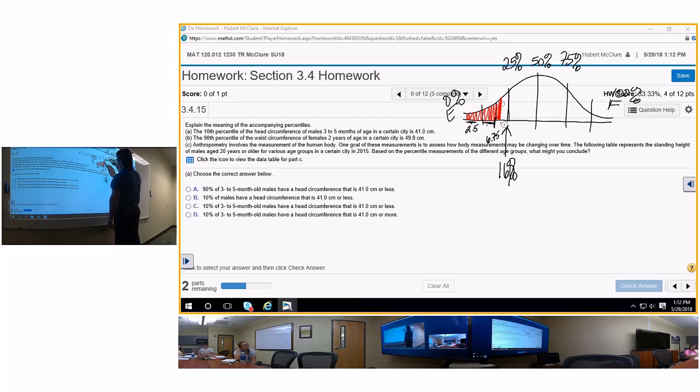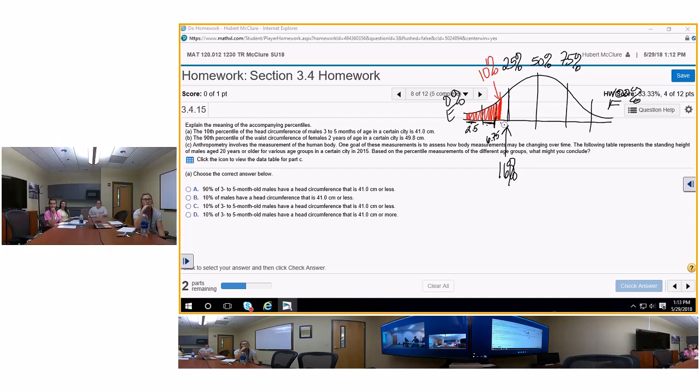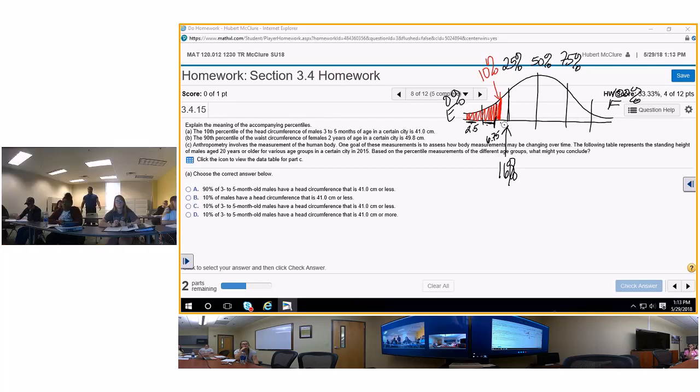So tell me what that 10% means. Somebody explain to me what that 10% means, just in words. Head circumference is 41 centimeters, yeah. But what does it mean as far as percentile to the whole group? They're asking you to look at the word 10th percentile. What does 10th percentile mean?